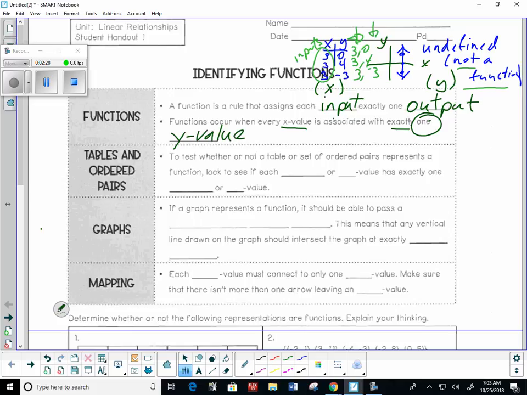So to test whether a table or a set of ordered pairs represents a function, look to see if each input, that's our x value, has exactly one output, or y value.